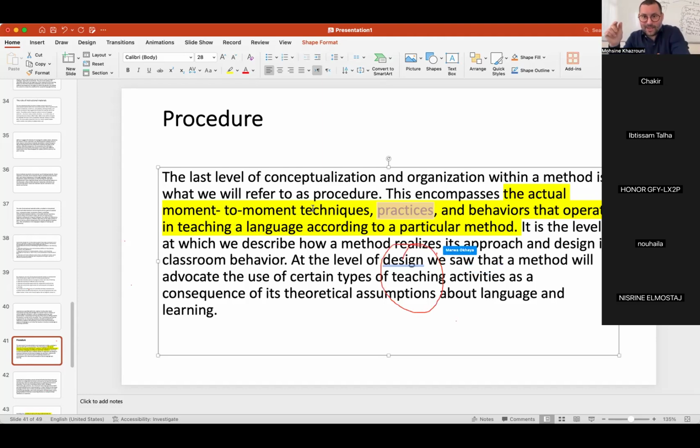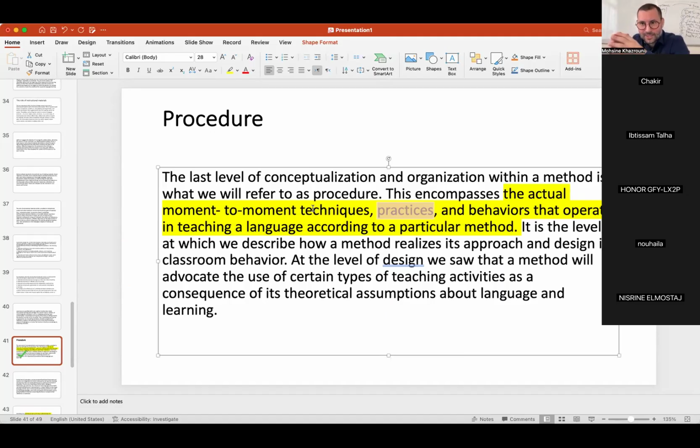That's the things I do in my classroom. That's a technique or a practice or a behavior. You know, a behavior, the student does something, the student listens and repeats. Because I'm trying to adapt an audiolingual method, then I'm using those activities. That's what I mean by procedure.